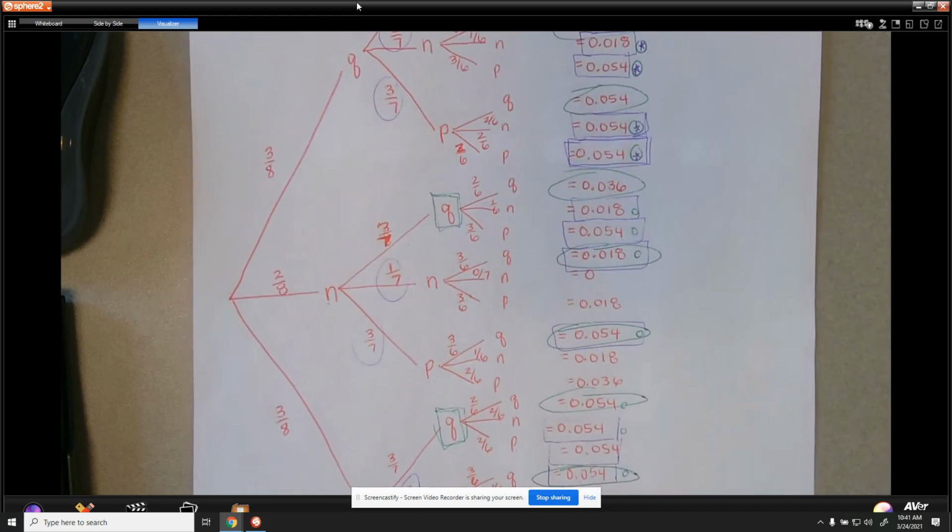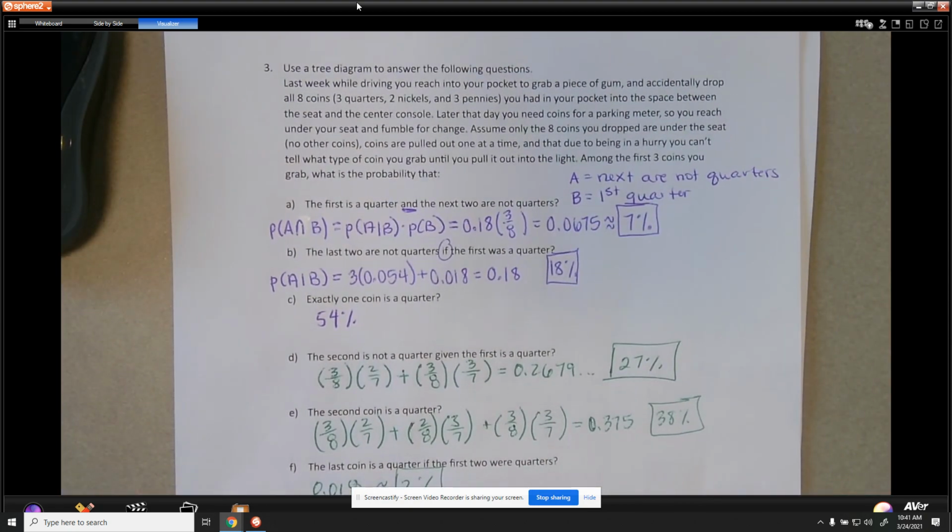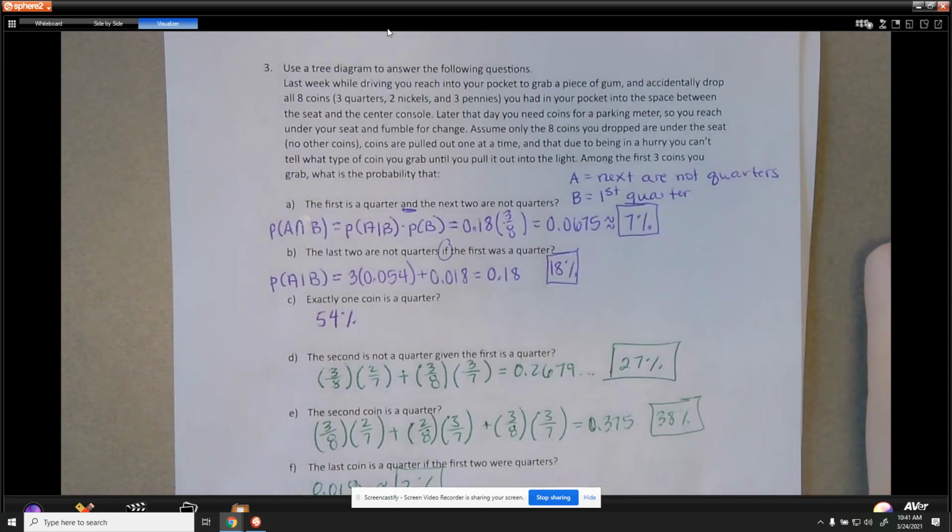Okay, so that is the coin problem. Pretty massive, pretty gnarly. We're going to do it again, kind of, with some card probabilities.